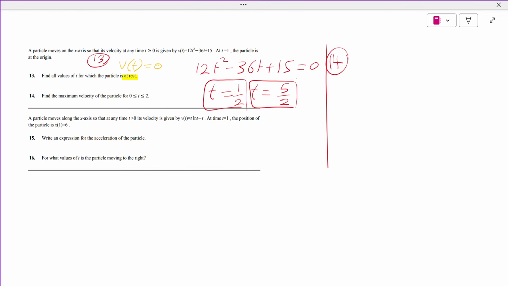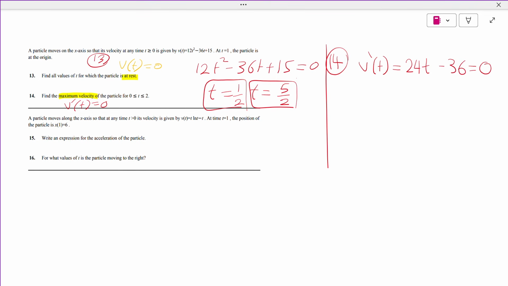What does it say? Find the maximum velocity. So first you must find v prime of t and set it equal to 0 to find its critical points. So v prime of t equals 24t, I'm differentiating the given v, minus 36.